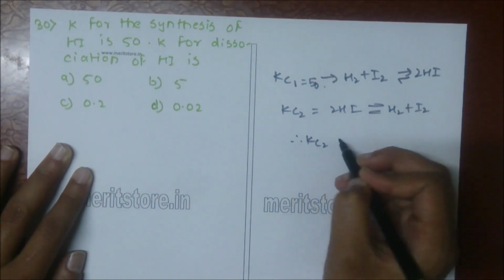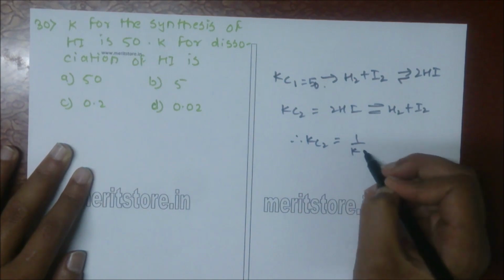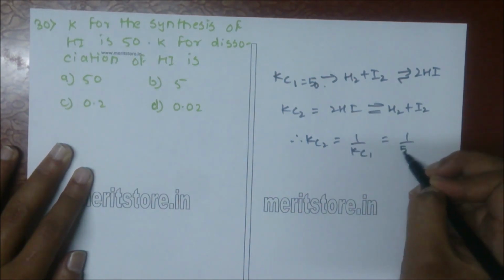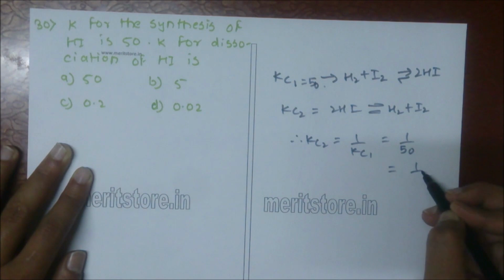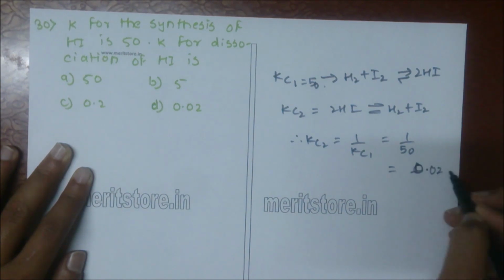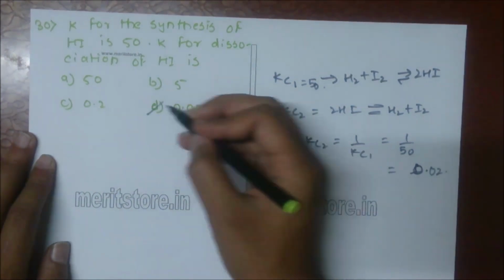Therefore Kc2 is equal to 1 upon Kc1, which is equal to 1 upon 50, which is equal to 0.02. So option D is the correct answer.